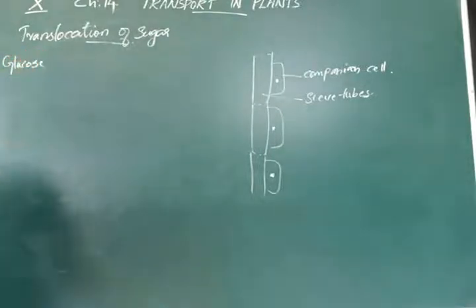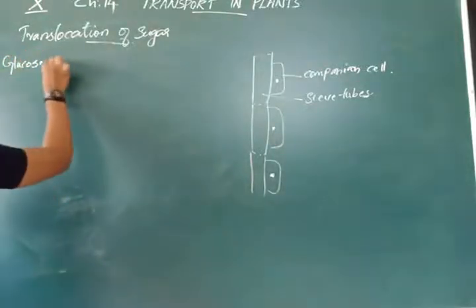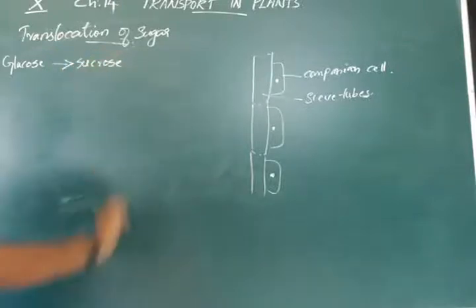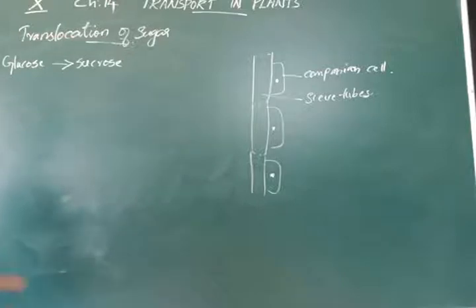It is converted to sucrose. Why? Because only in the form of sucrose can it be transported to different parts of the plant body.